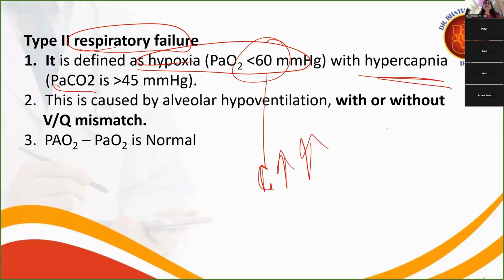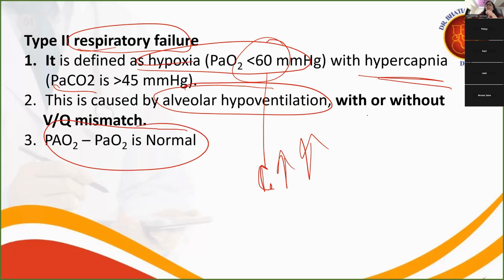There is breathing difficulty, there are ventilatory defects causing alveolar hypoventilation, which is not exhaling the CO2 out of the system, with a normal gradient. So whenever there are ventilation defects, alveolar hypoventilation causes a normal alveolar arterial gradient. That condition is type 2 respiratory failure.